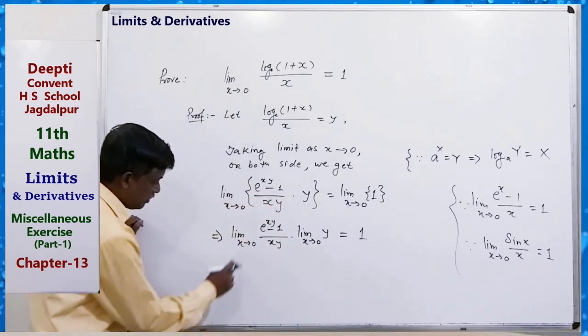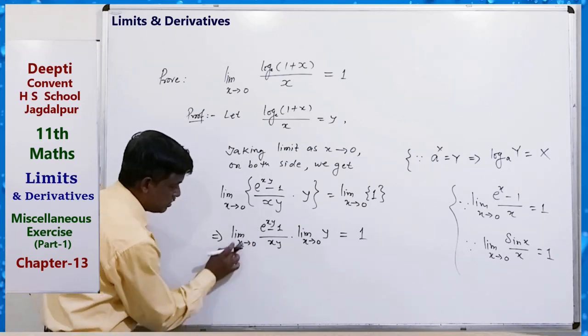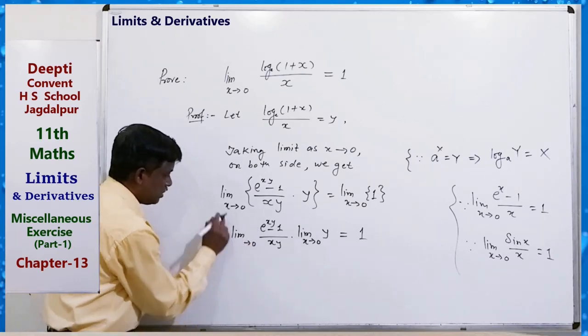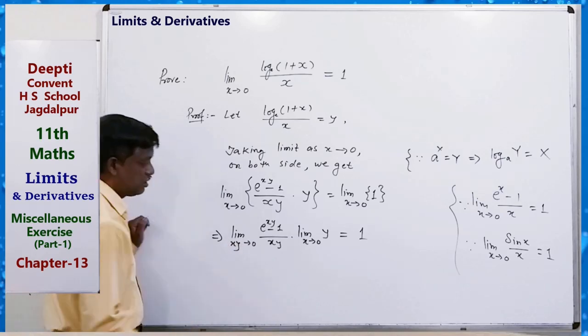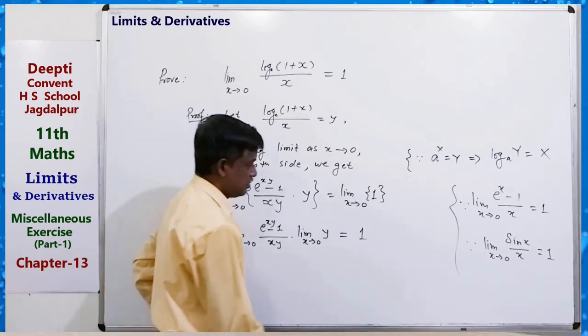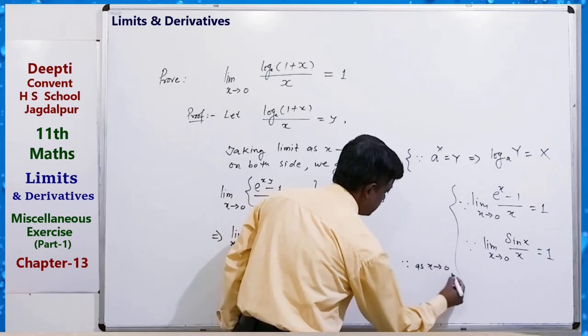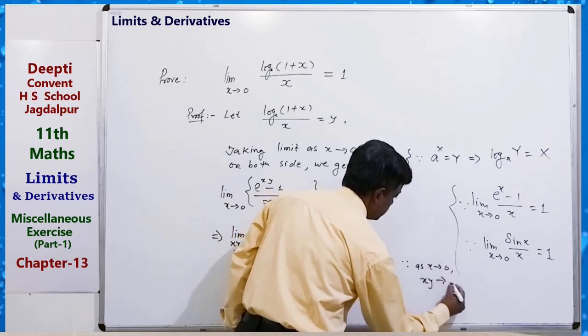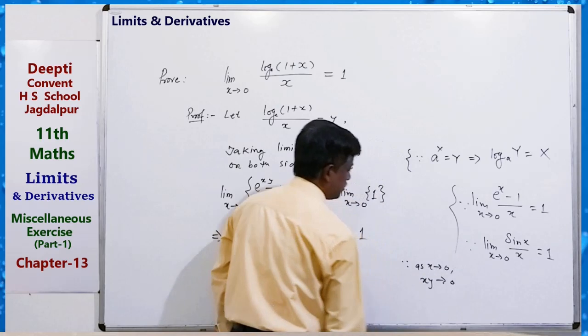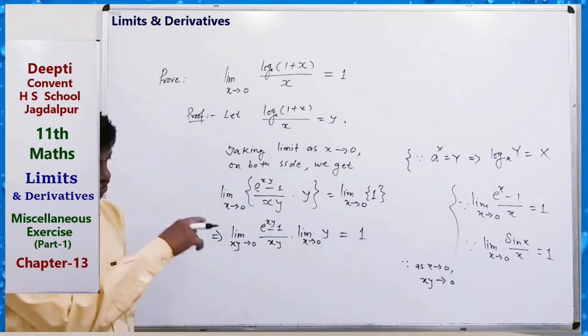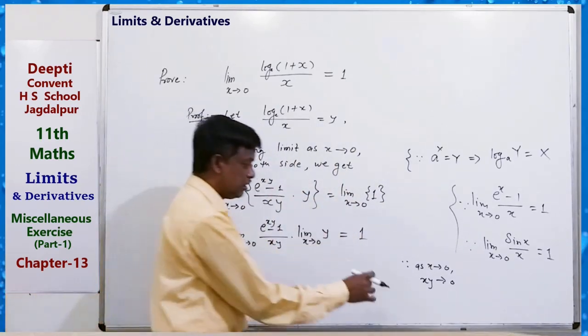Here xy tends to 0 also, since as x tending to 0, xy is also tending to 0.